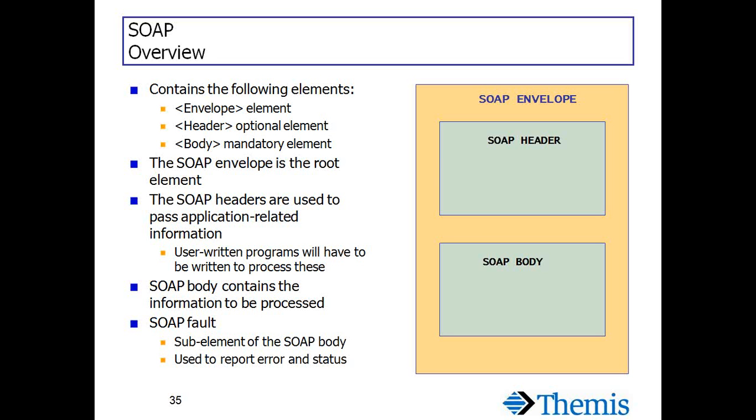SOAP basically is nothing more than a formatted XML document that has an envelope, and you can see the tag there within the less than and greater than symbols. Within the envelope is a set of standardized SOAP headers, and then the body, and the body is your data. Now the body here would typically be an XML document that would contain your data tags and data elements.